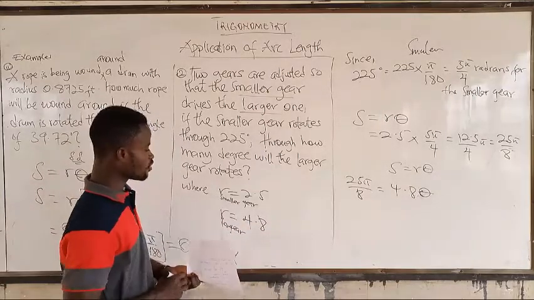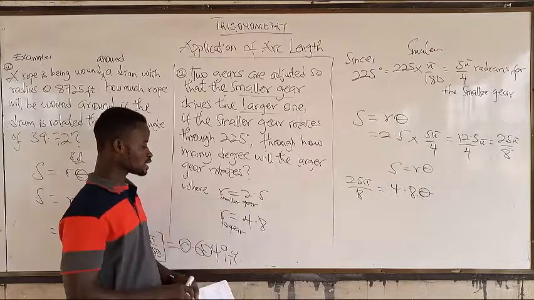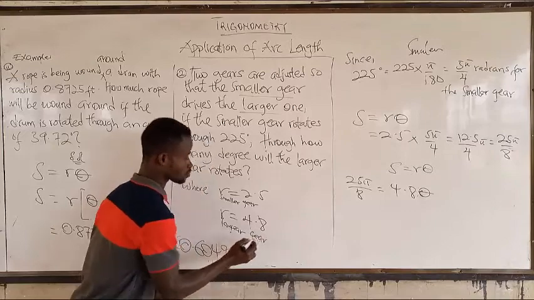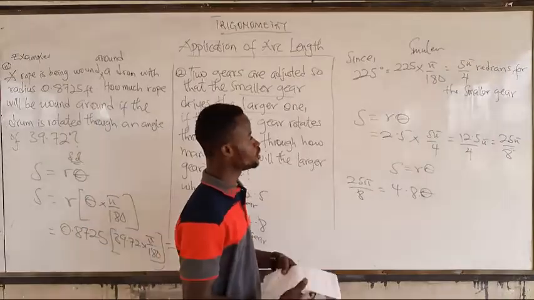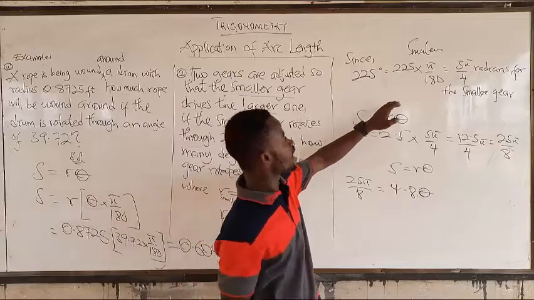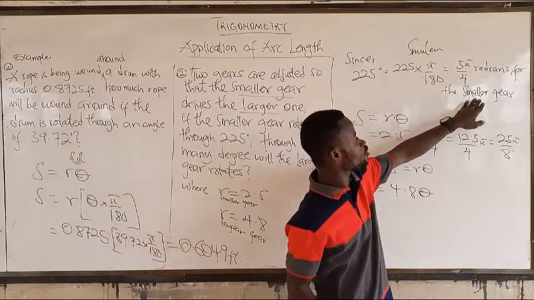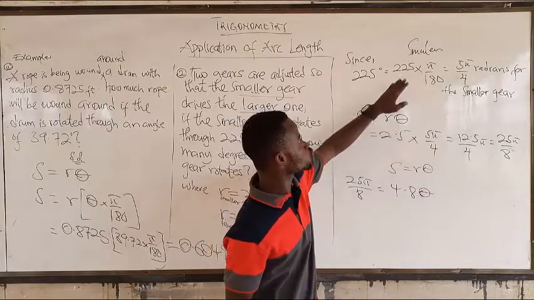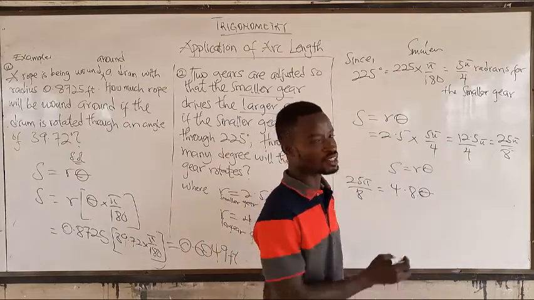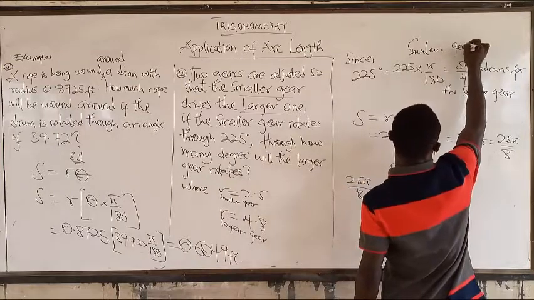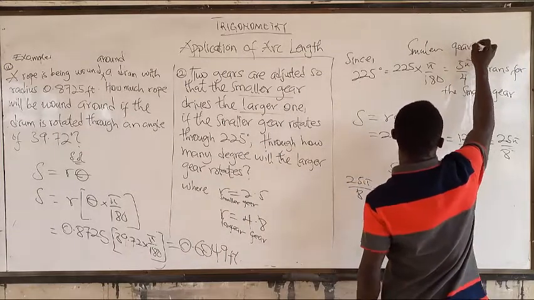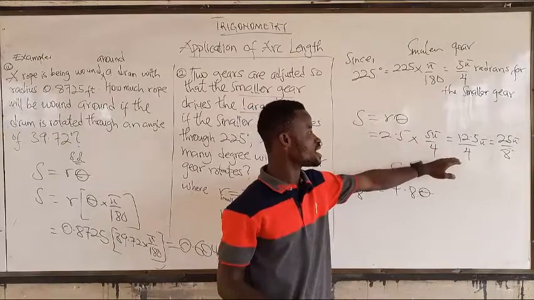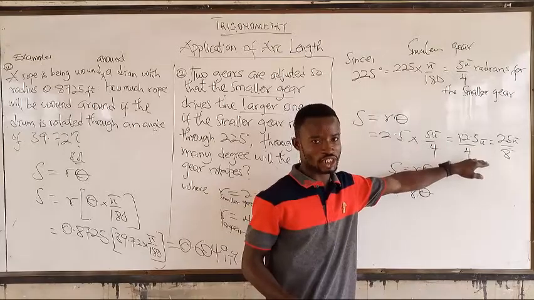So you can see that the radius for the smaller gear is going to be the same as the radius for the larger gear. Alright. So we use the smaller gear and the radian measure for the smaller gear to calculate the arc length. So this calculation is for the smaller gear. Therefore, this arc length that we have here is for the smaller gear.